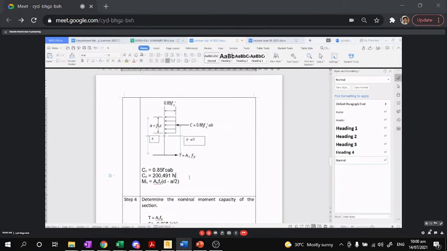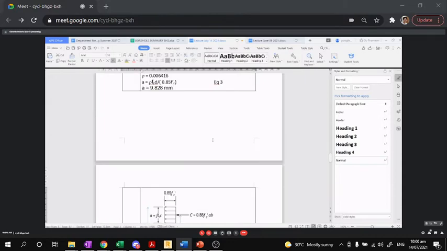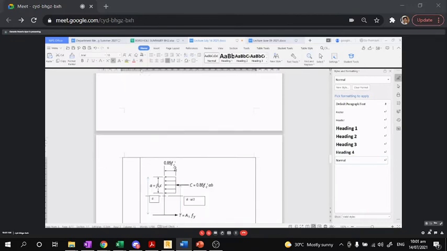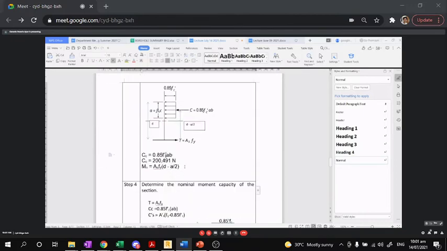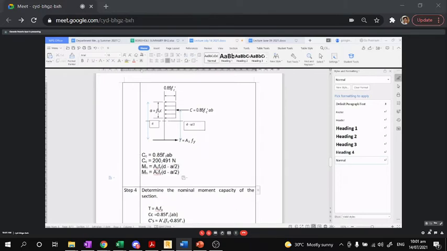That is 0.85 times 24 times 9.828 times 1,000 for b. That's 200.291 kilonewton. But a is a very small number, so you can calculate in N, all of the variables here: a, and b.